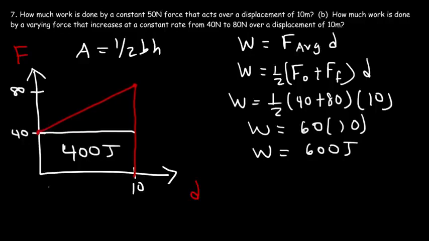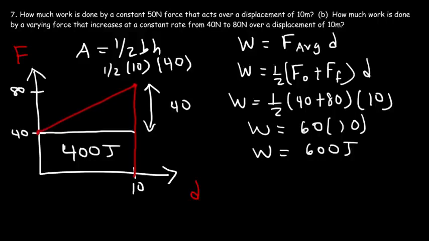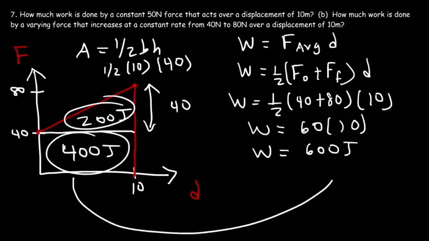The base of the triangle is 10 meters, and the height of the triangle is the difference between 80 and 40, which is 40. Now 10 times 40 is 400, and half of that is 200. So the total area under the curve is 200 plus 400, which gives you 600.